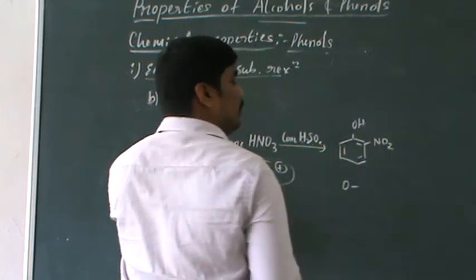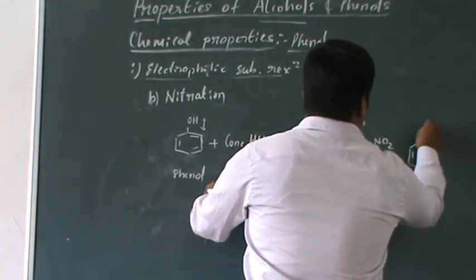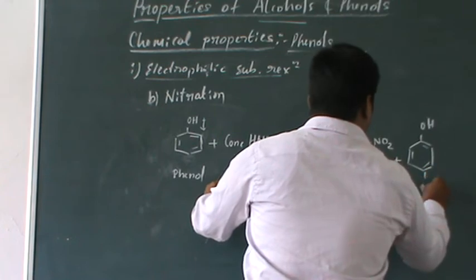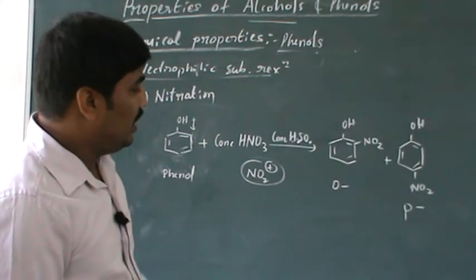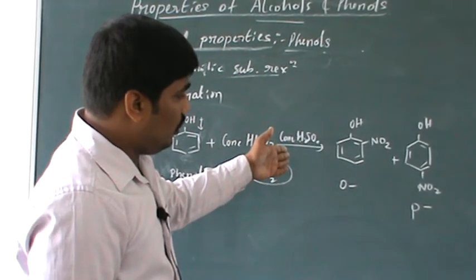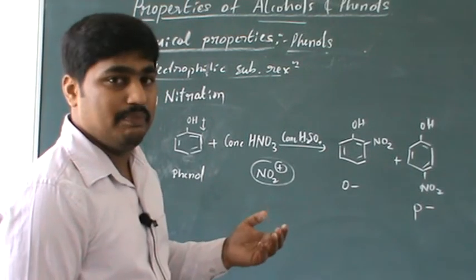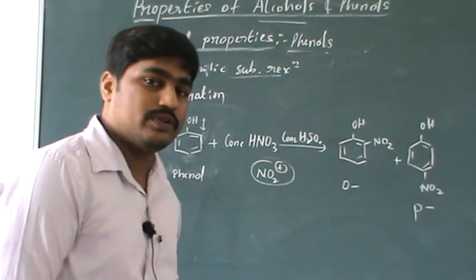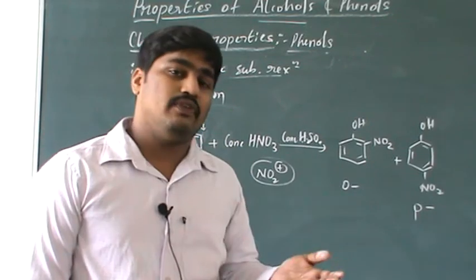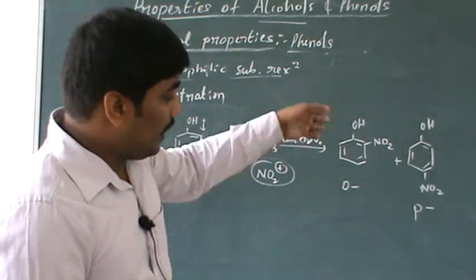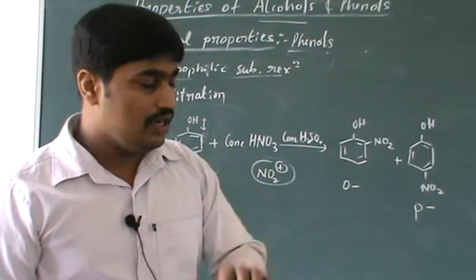Ortho nitrophenol plus para nitrophenol are produced. Here, one is ortho-nitrophenol, another one is para-nitrophenol. Then which one is the major and which one is more stable? Here there is a difference. In the case of chlorination and bromination, the para-bromo or para-chlorophenol is more stable.